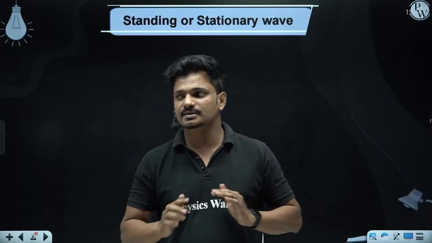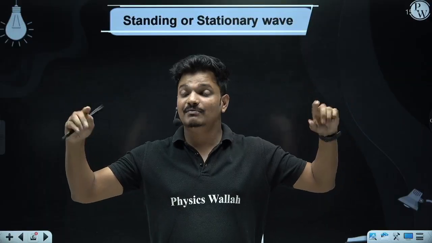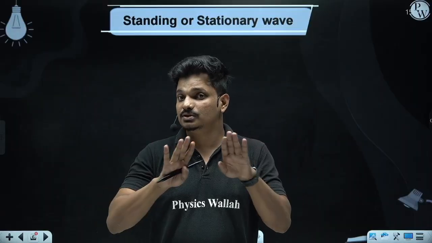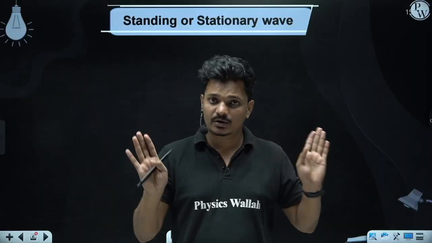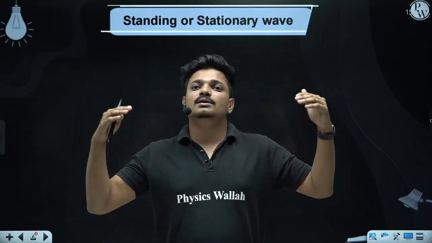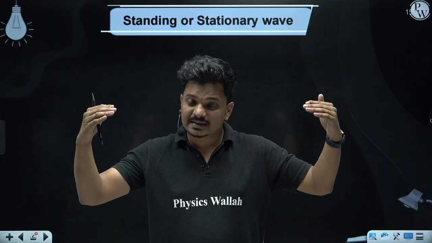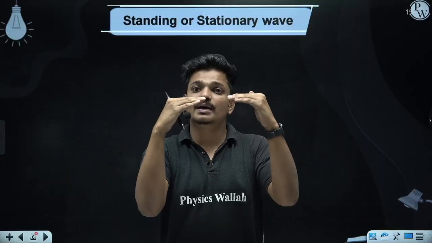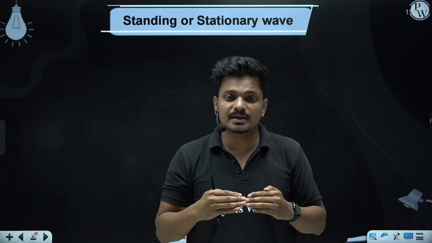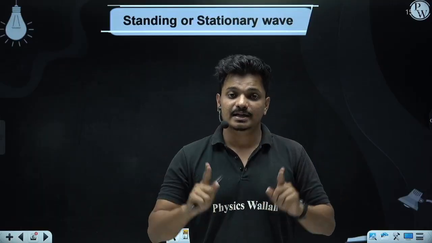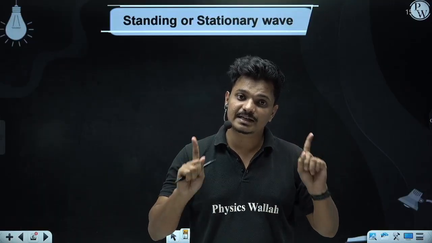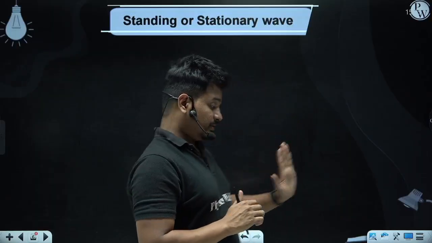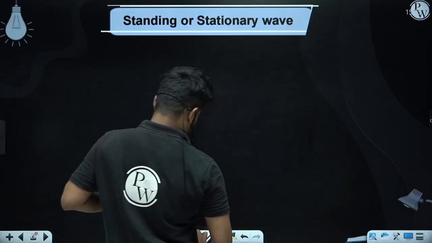That means the situation is like this: if two traveling waves having the same frequency and preferably the same amplitude, it's not a necessary condition, are moving in opposite directions and superimposed, then we get one resultant wave. That resultant wave is known as a standing wave. We can write the definition.